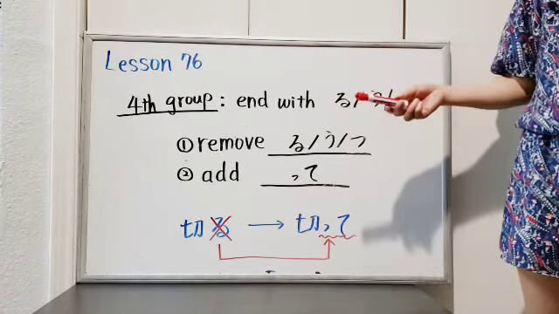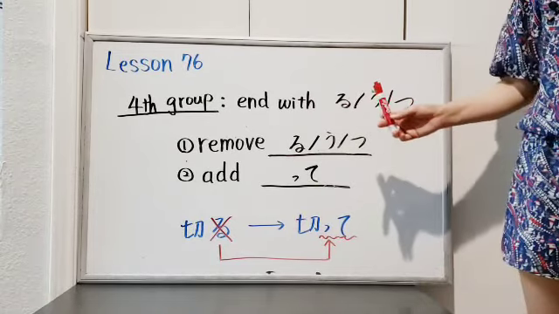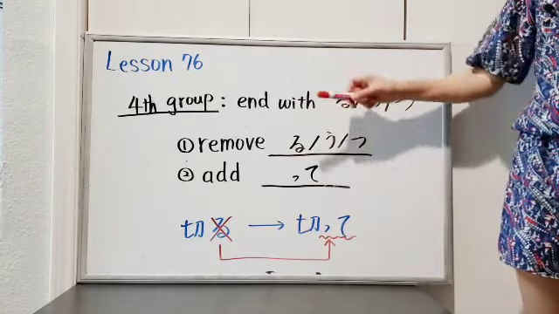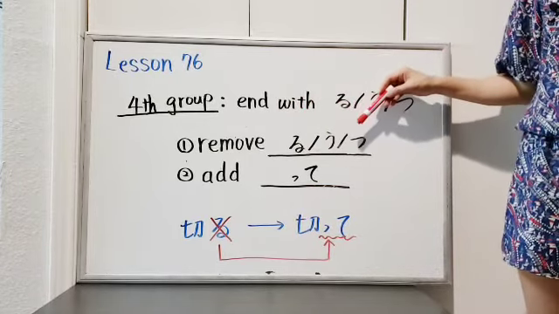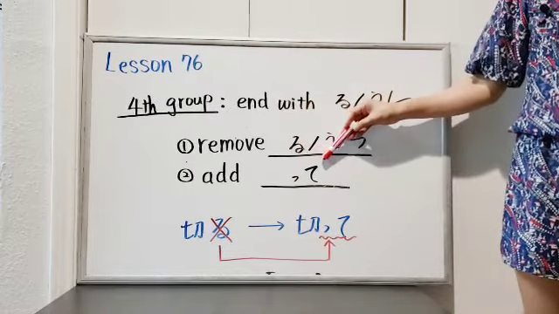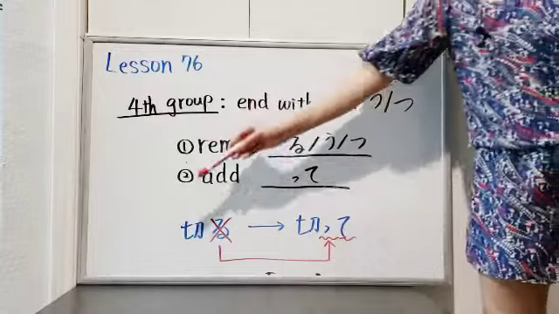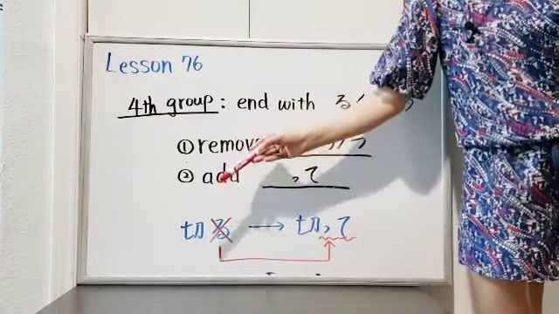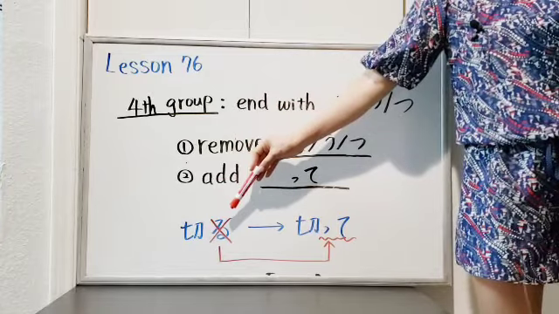In order to make the te form using these u-verbs, what you need to do is to remove る, u or つ and add て. For example, 着る. This verb ends with る, right?